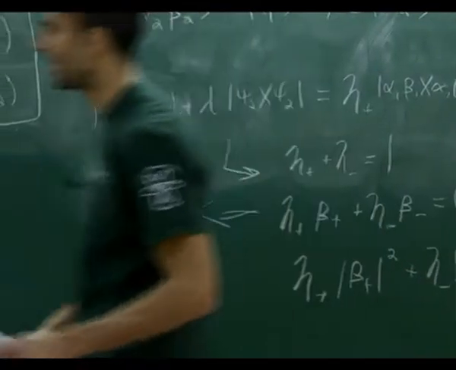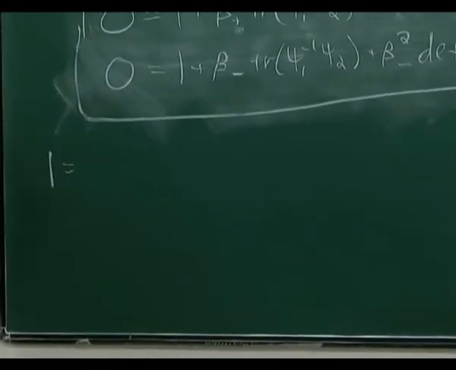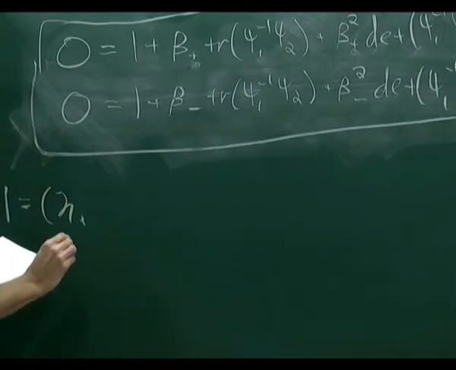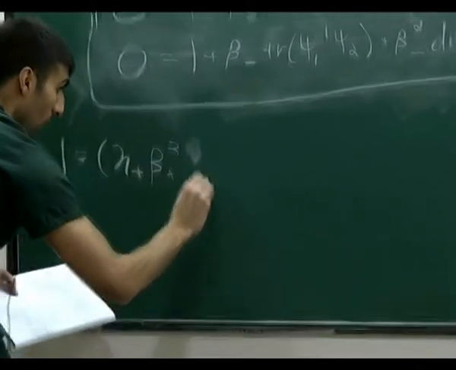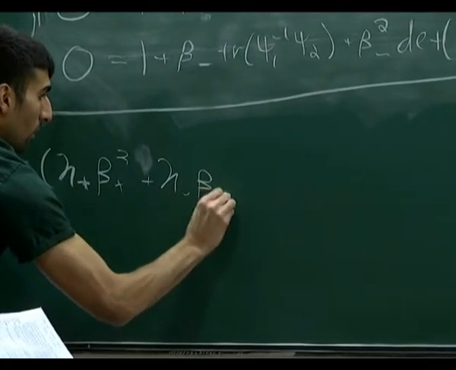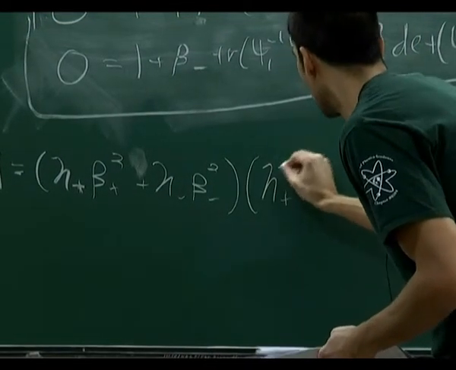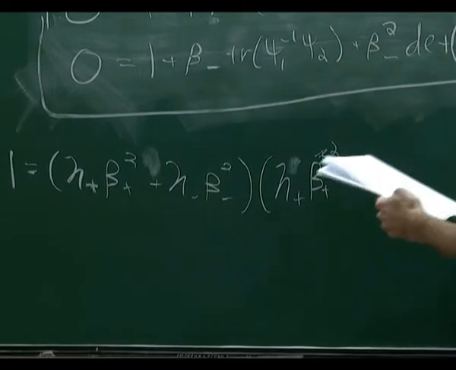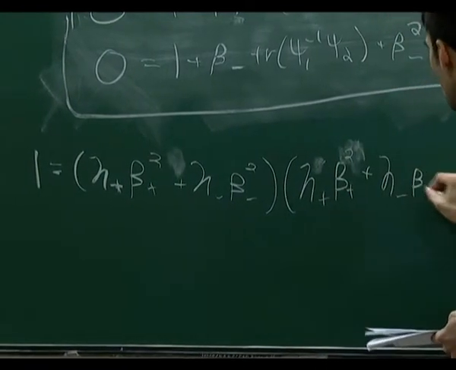So again, that's a few algebraic manipulations, but when you do it, you'll find that after making that multiplication, you'll get this line: eta plus beta plus squared plus eta minus beta minus squared, times eta plus beta plus star squared plus eta minus beta minus squared.